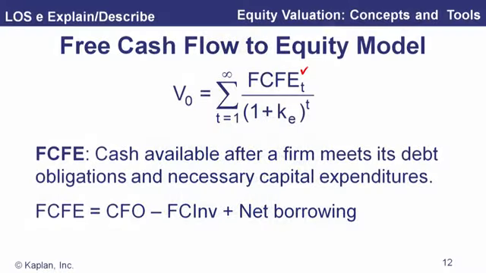So that's cash available after a firm meets its debt requirements and the necessary capital expenditures to keep the firm operating and growing at the assumed growth rate. So you could think of this as the operating cash flow minus the investment in fixed capital plus any net borrowing on the debt side.